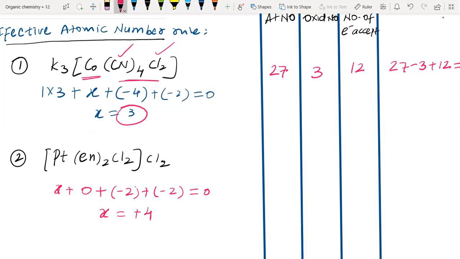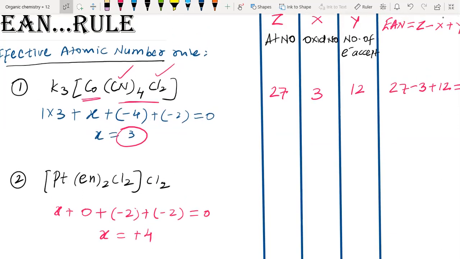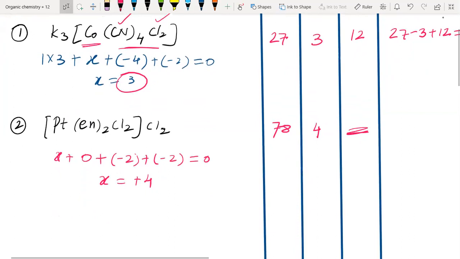Okay, now the atomic number of platinum is 78 and the oxidation number which we got is 4, and then the number of electrons accepted. To calculate this, first we should find out the coordination number here.